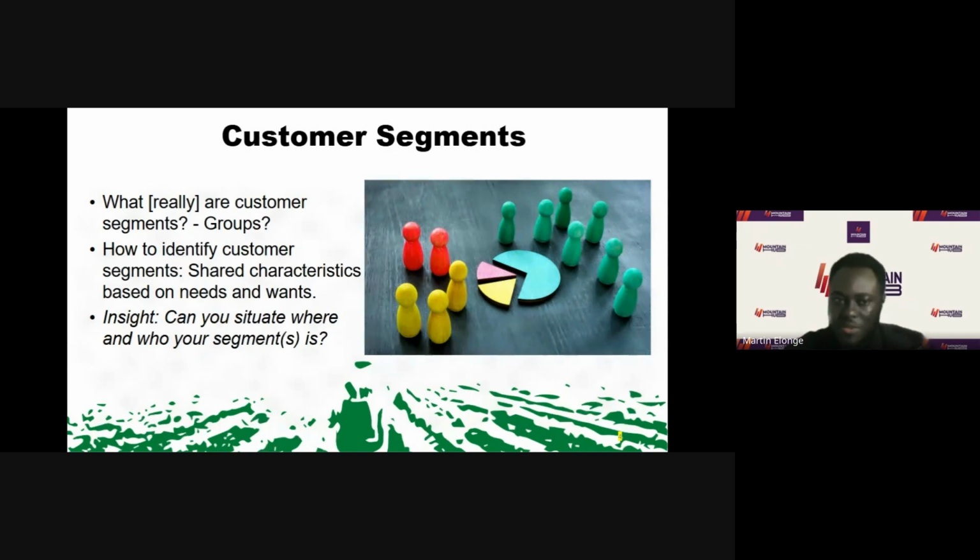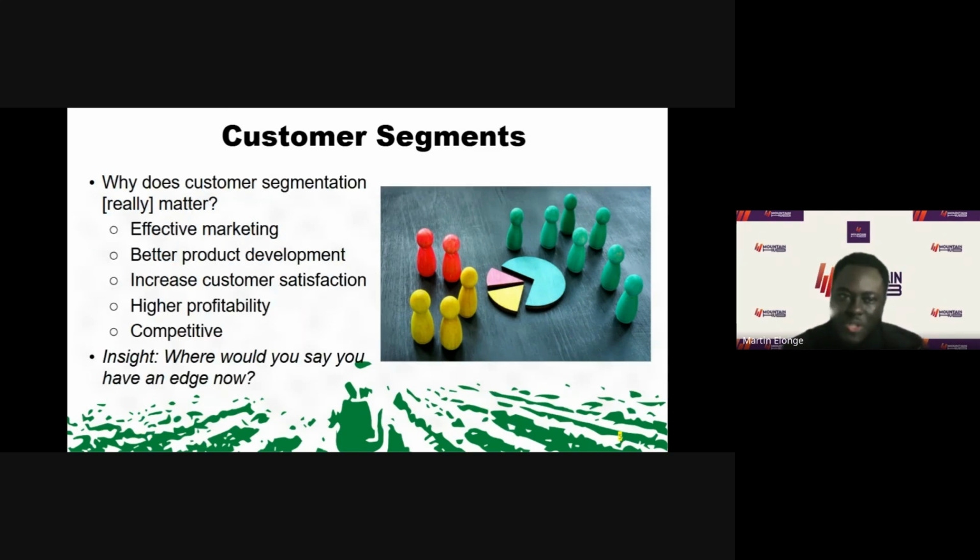Two very important things: what are the needs, what are the wants, and what are the grouping characteristics I want to look at in these different groups? One key question I want to ask ourselves at this point is, can you situate where your different customer segments are and who they are? Very important question that we have to answer at the end, so just be thinking about it as we go along.